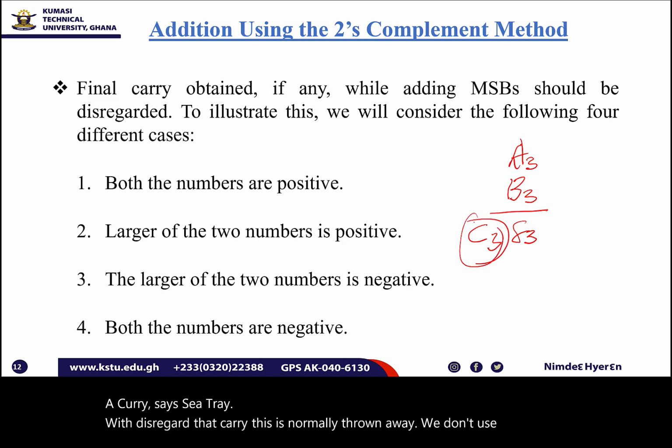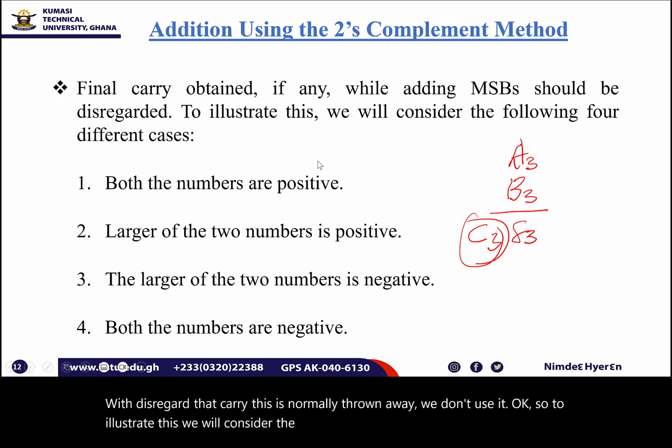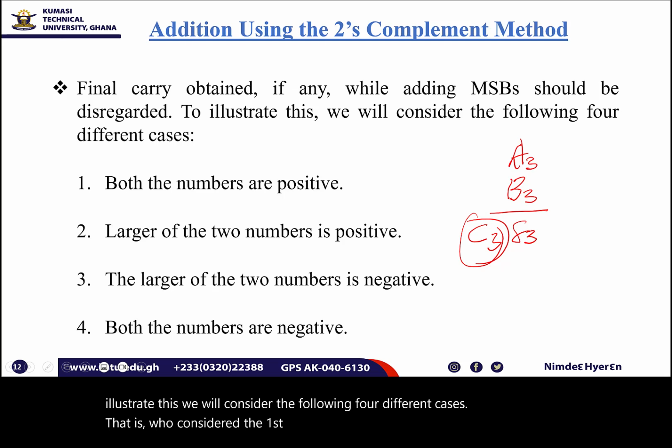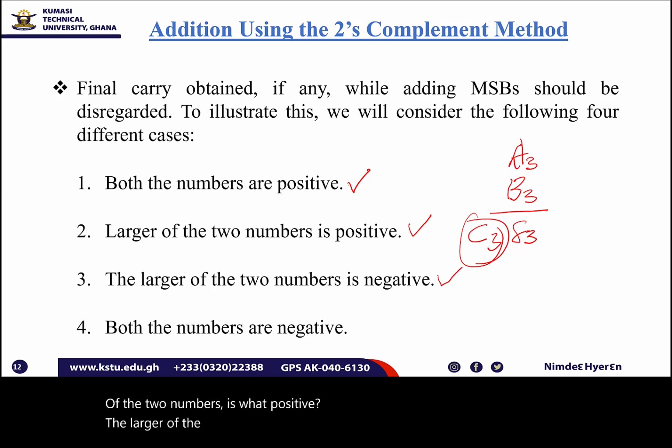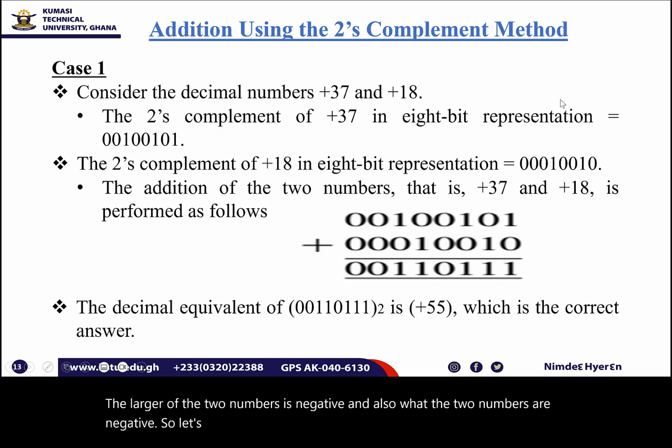So to illustrate this, we will consider the following 4 different cases. The first case where both numbers are positive. We would also consider the case where the larger of the two numbers is positive, the case where the larger of the two numbers is negative, and also the case where the two numbers are negative. So let's quickly look at these examples.